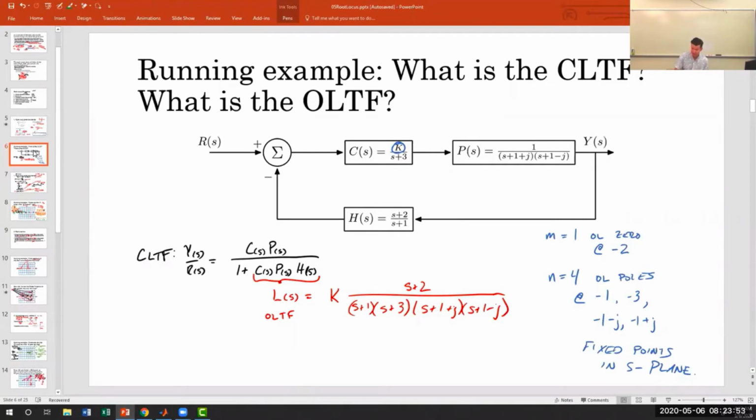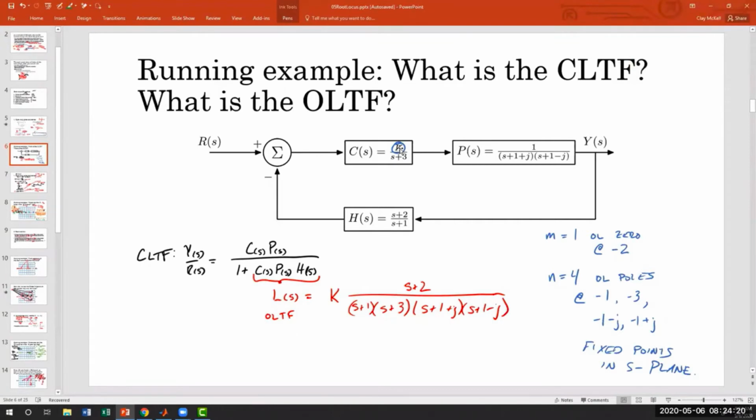In particular, everything was chosen for us, including the controller form, the plant form, and the feedback form. The only thing that we were left to vary is this open loop gain K. And so that's the thing that's changing, that's causing the closed loop poles to move. Did that answer your question?